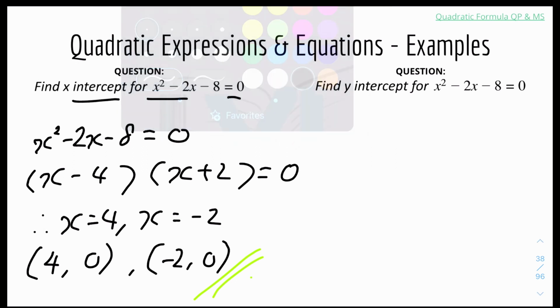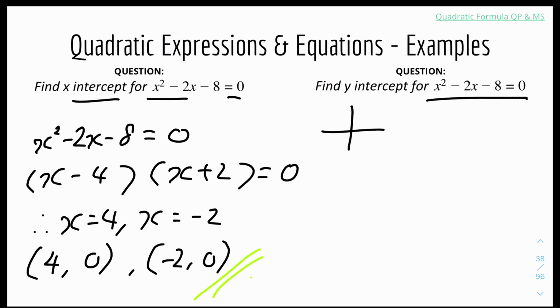And then number 2, find the y-intercept for this equation. So the y-intercept, as we know, is at this point right here where it intercepts the y-axis, hence the y-intercept. So we know that for all y-intercepts, the x value is 0 because it's on the y-axis where x is equal to 0. That means that to find the y-intercept for an equation, you have to set x equals 0.